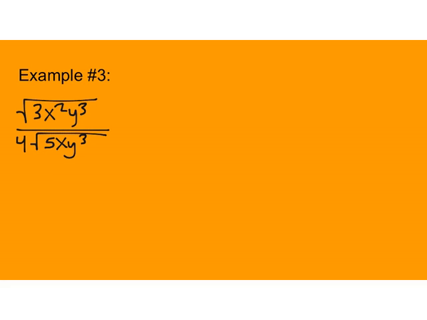Let's see if we can simplify. Let's look at the coefficients. We only have a 1 and a 4, can't simplify that. Our 3 and our 5, we are unable to simplify that. For our x's, we have 2 x's on the top and 1 on the bottom, which means we have 1 x left on the top. So I'm going to rewrite this radical with 1 x on the top.